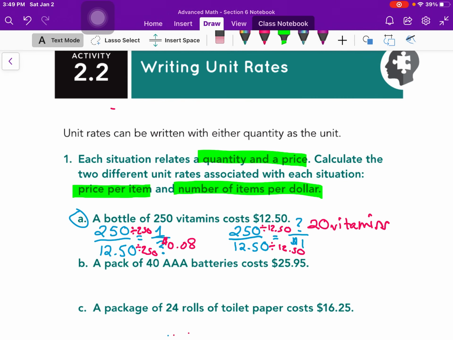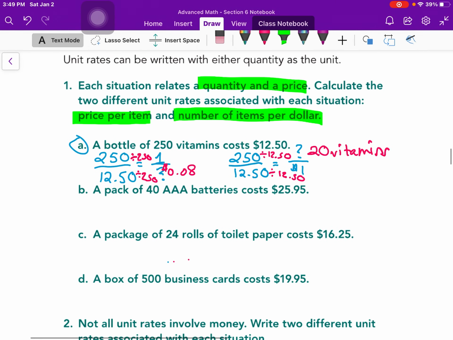Okay, let's do one more here. You go buy a bunch of batteries. You can buy a 40 pack of AAA batteries for $25.95. So you can get 40 for $25.95. So we can ask ourselves two things. How many batteries can you get for $1?